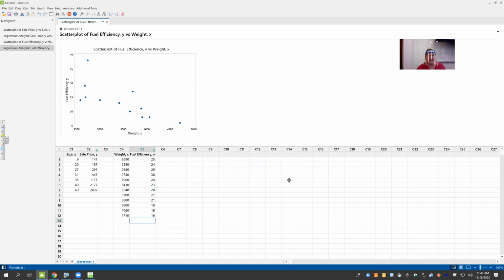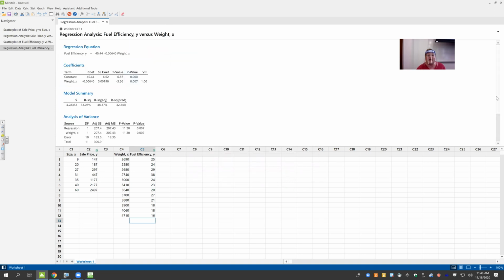I tell it okay. And initially I'm looking at the model summary, and I want R squared. So my R squared is 53.06%. If I convert that to a decimal, that's 0.5306.